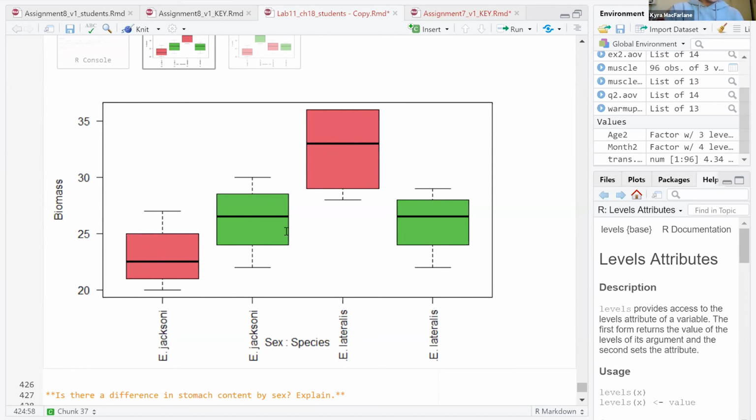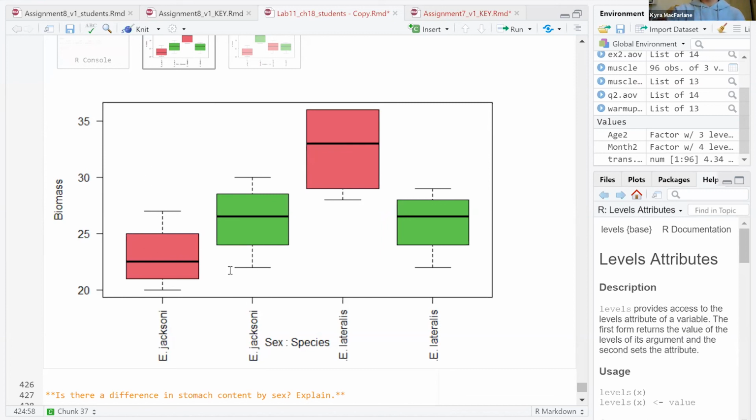So looking at species, ignoring sex, if we averaged these two together, they'd probably be around here, that E. jacksoni has a lower stomach content biomass compared to E. lateralis. If we average these two together, it'd probably be up here. We also know there is an interaction though.